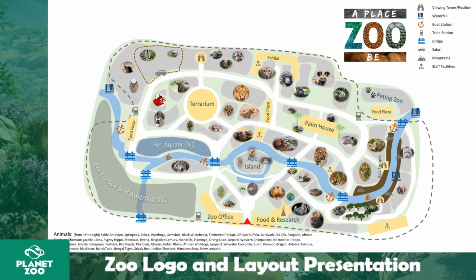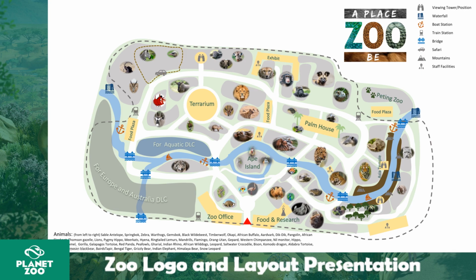We will have all our employee staff buildings there, and we will most probably have quite a lot of them. I would also like to have some exhibit animals there. I decided to go for two animals that were not yet confirmed at this point, but I hope we will get them, I really hope.